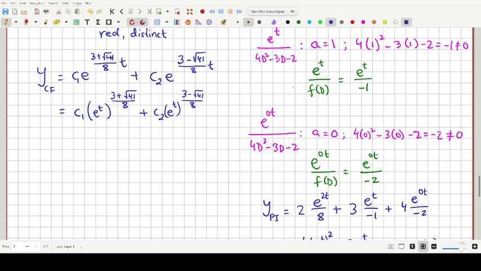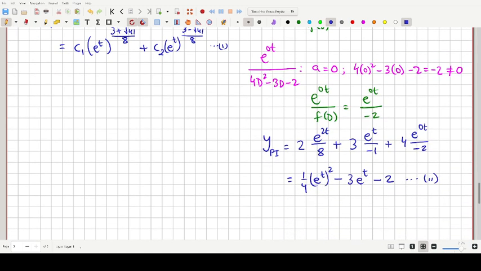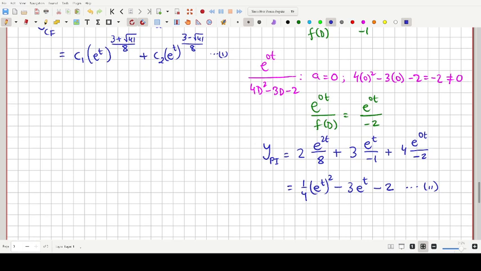So we have got this expression as the first expression, and we have got the second expression. Now it's time that we combine both of them.